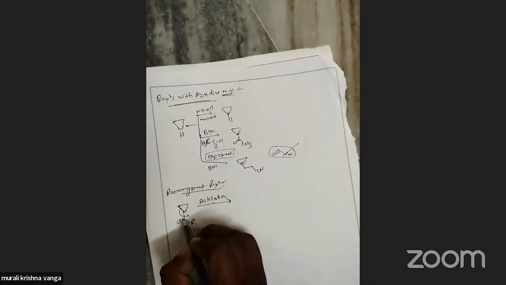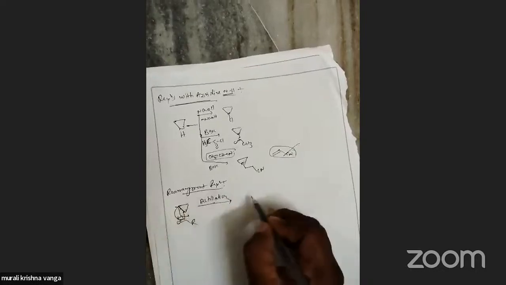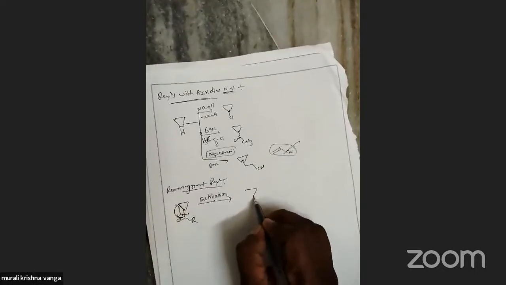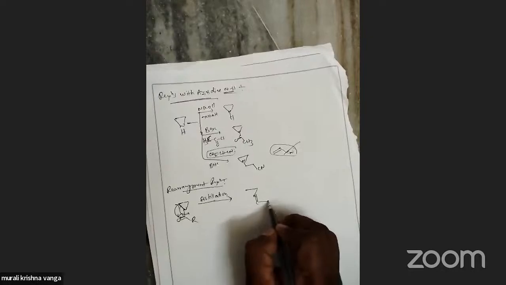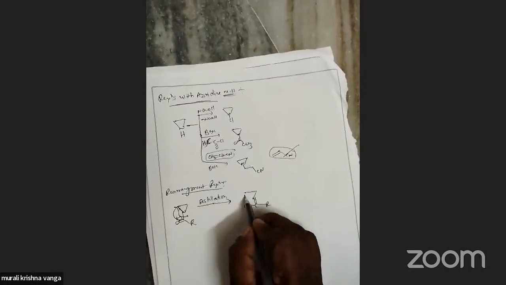In the rearrangement, the sigma bond between carbon and nitrogen shifts towards nitrogen, and the carbonyl carbon's pi bond shifts towards the oxygen side and shifts to here. Then the product is N double bond R O like this.